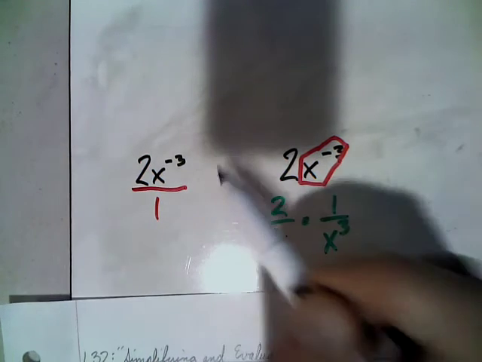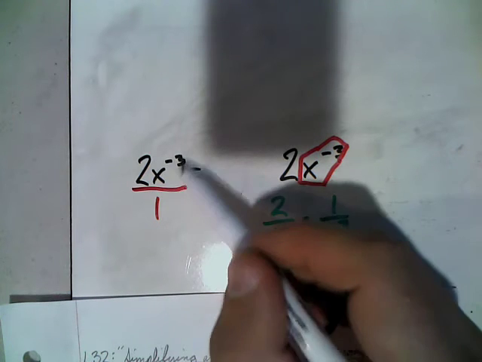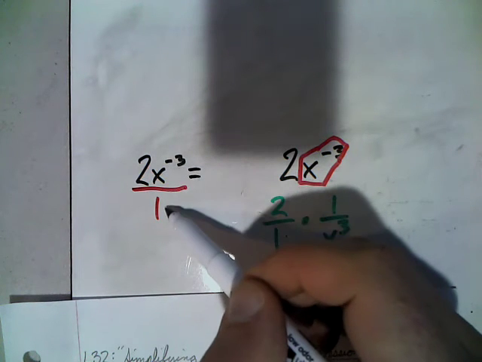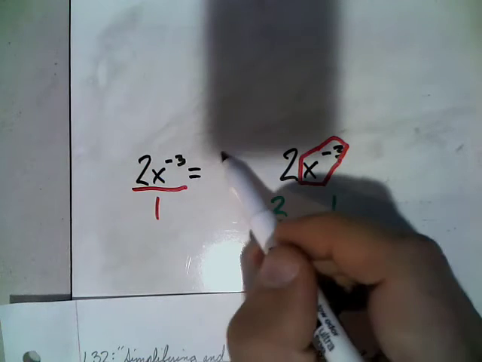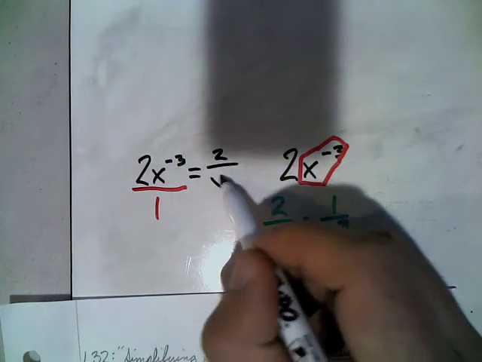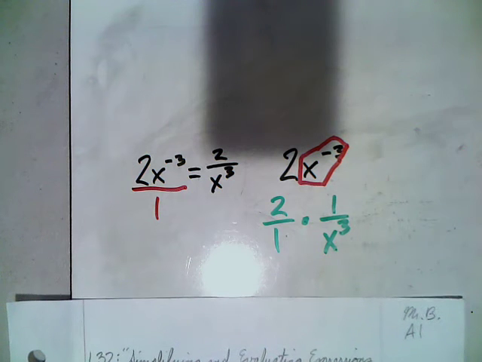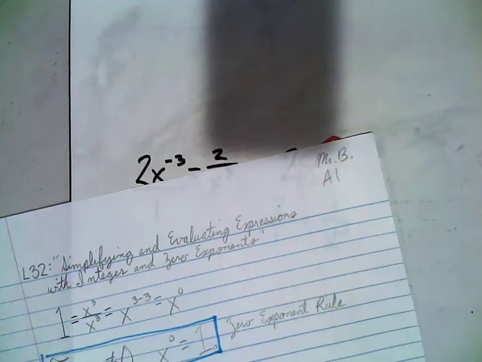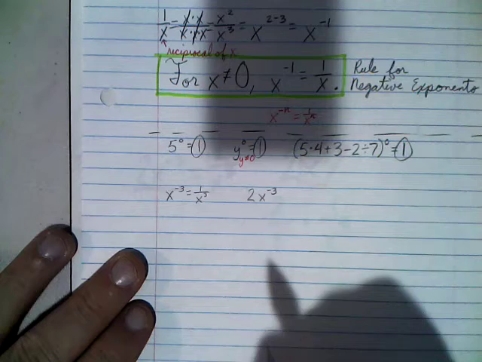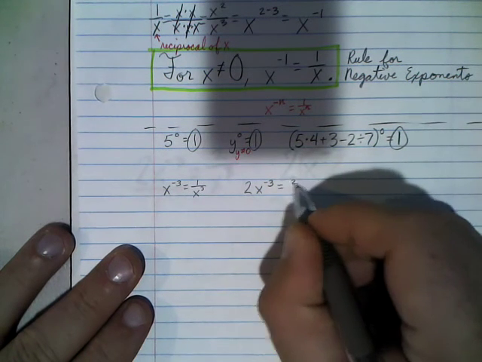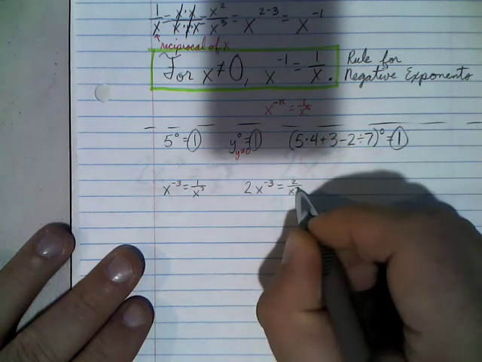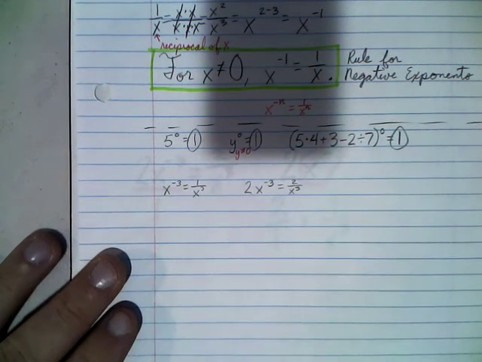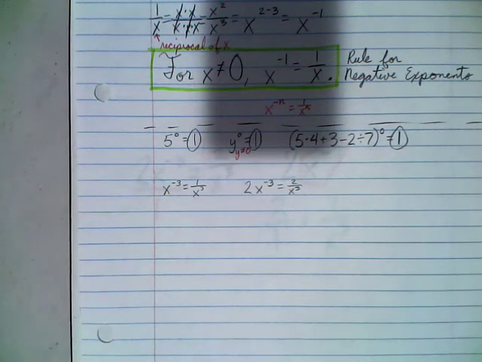And so this will end up equaling, well, if I just take this x to the negative third power and put it on bottom, that means the 2 is still on top. And so my answer here would be 2 over x to the positive third power now because I flipped it. So only that x to the negative third power will flip to the denominator.